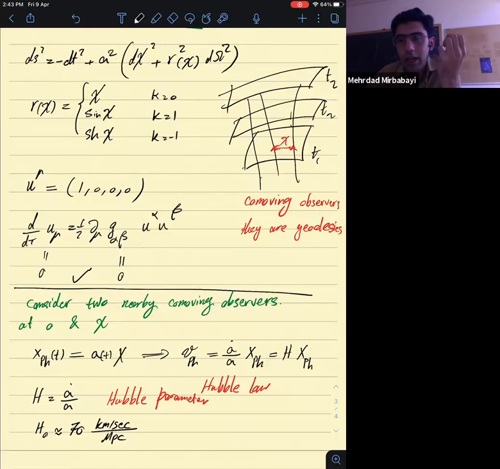So we think of our universe as being, basically we do perturbation theory. We think of it as being FRW plus perturbation on top of it, which means that it's not FRW, because FRW is this exact model.